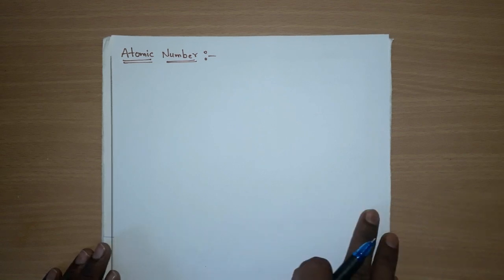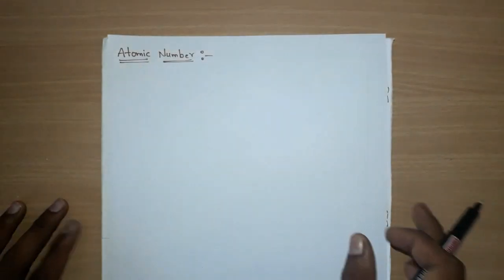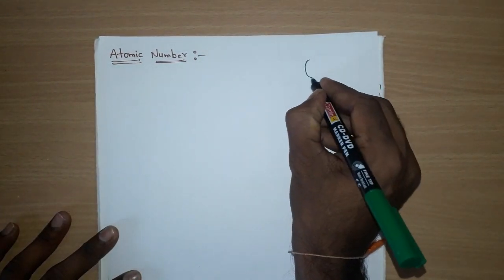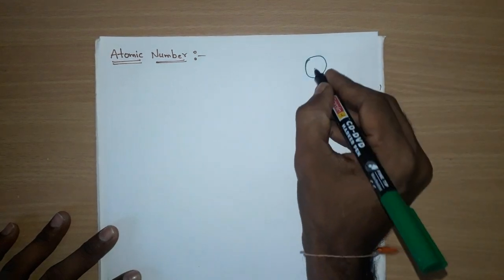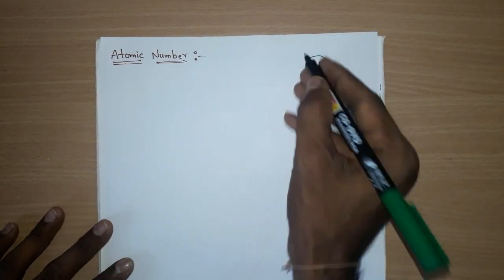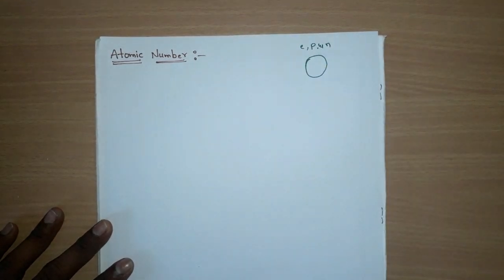You know very well, inside the atom, three subatomic particles are present, that is electrons, protons and neutrons.